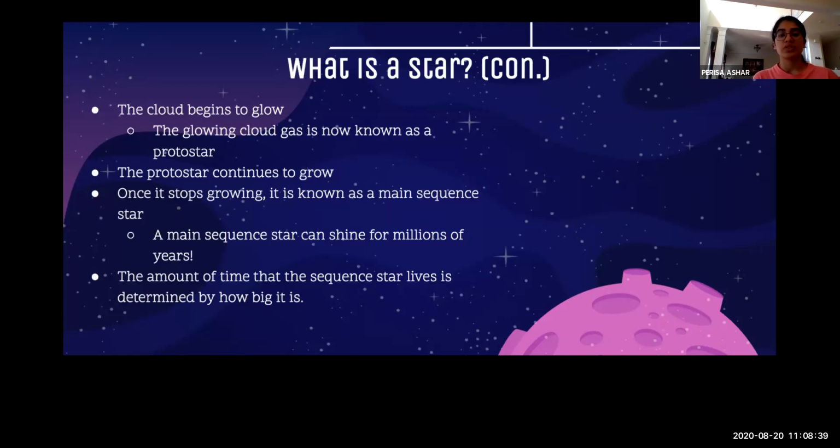The protostar continues to grow, and once it stops growing, it is known as a main sequence star. Our Sun is a main sequence star, and it can shine for millions of years, but how long a main sequence star lives is determined by its mass, or rather how big it is.